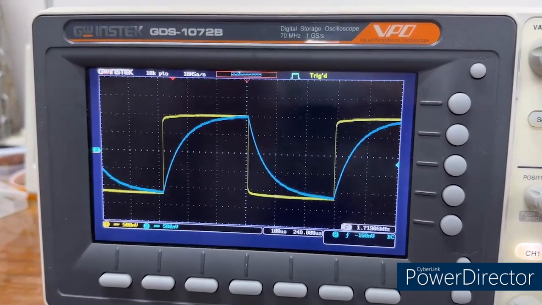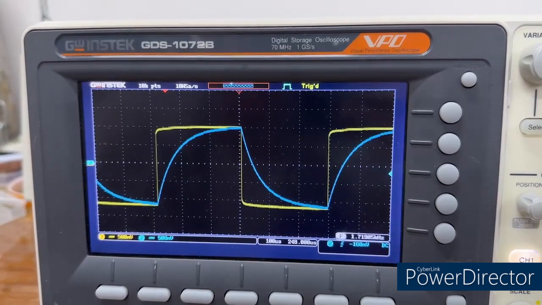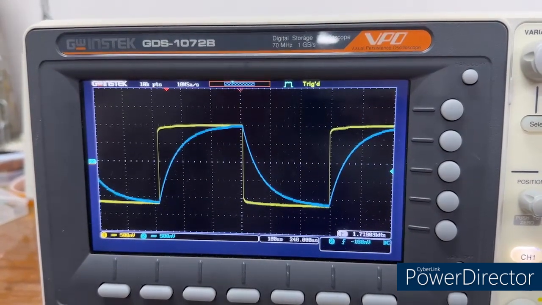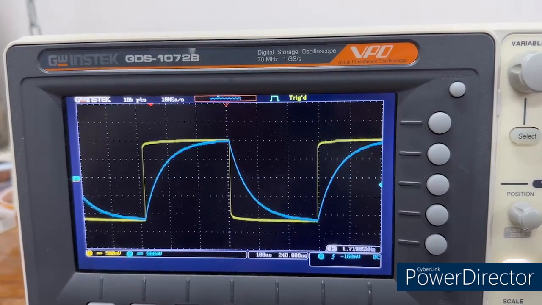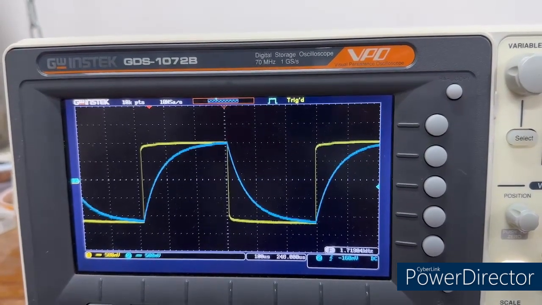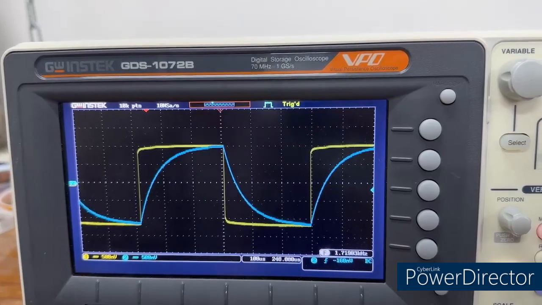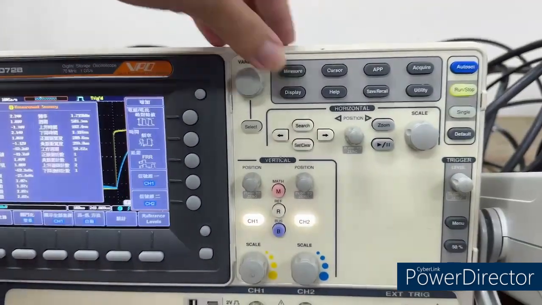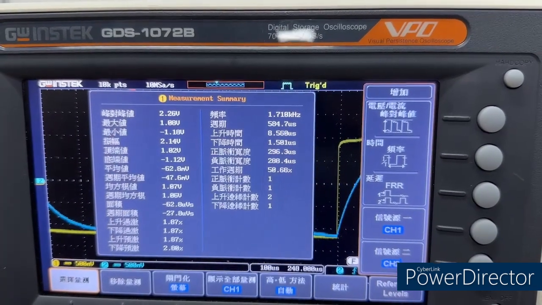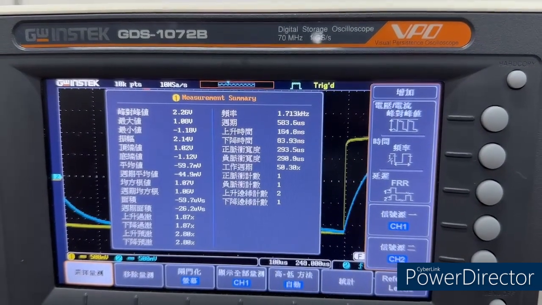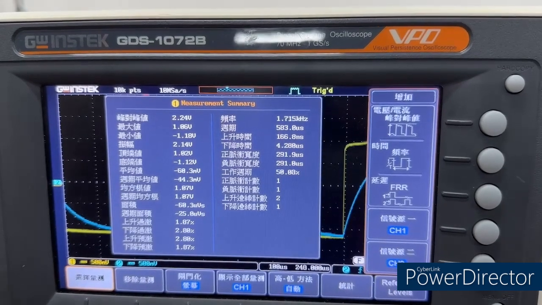So now we're going to measure the value of the capacitance. To find out the capacitance with the oscilloscope, let's first measure the peak-to-peak voltage of the input signal. As you can see, the peak-to-peak voltage of the input signal is 2.2.